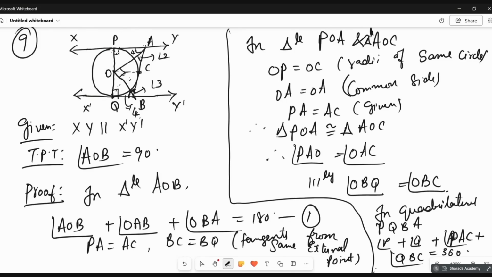Now P angle and Q angle is what? That is equal to 90 plus 90. These two angles together should be equal to 180 degrees. Now, angle 1 plus 2 and 3 plus 4 should be equal to 180 degrees. Correct?